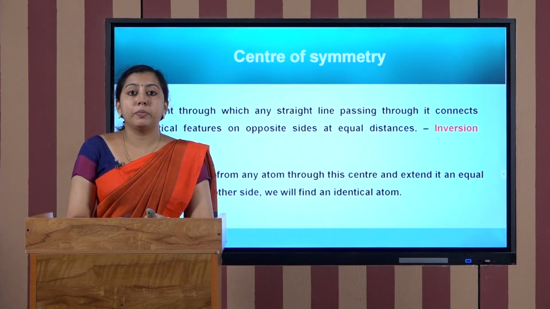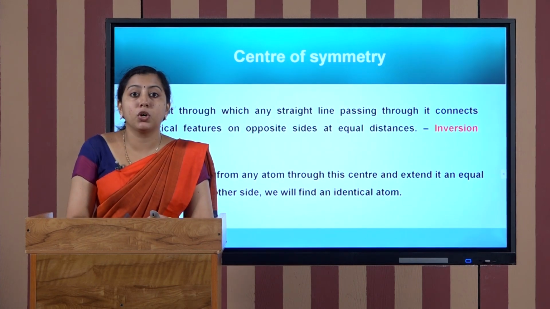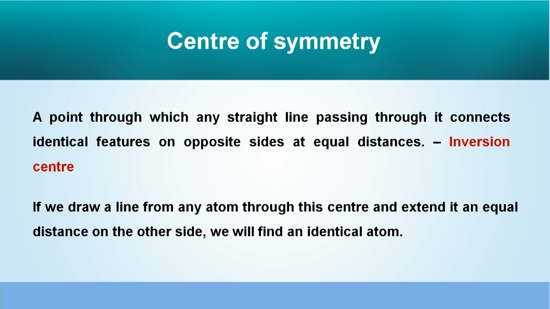And the next element of symmetry is the center of symmetry. It is an imaginary point through which any straight line passing through it connects identical features on opposite sides at equal distances. This is called the center of symmetry, or it is also known as inversion center.